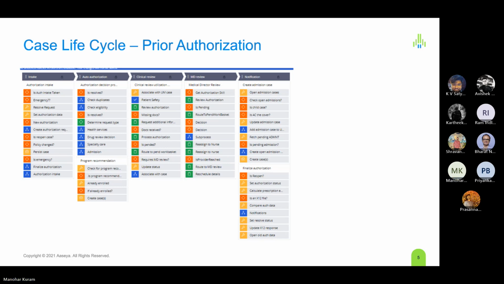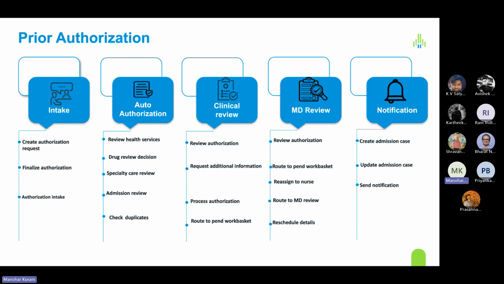In intake, we will initiate a prior authorization request. In auto authorization, we will check if any prior authorization cases got created. If not, then depending on the rules configured on the prior authorization request, it gets automatically approved or else gets reviewed.